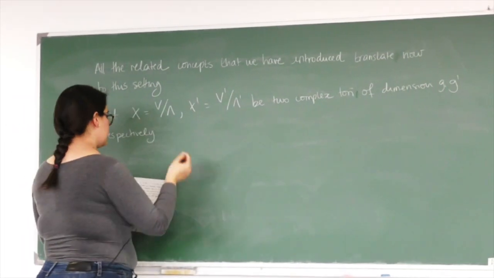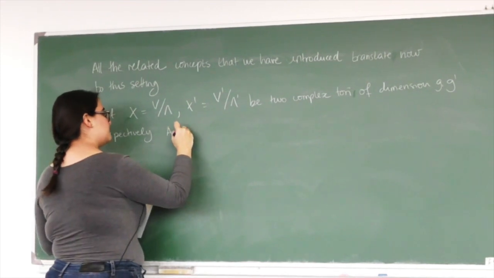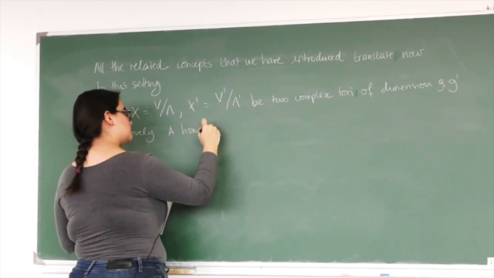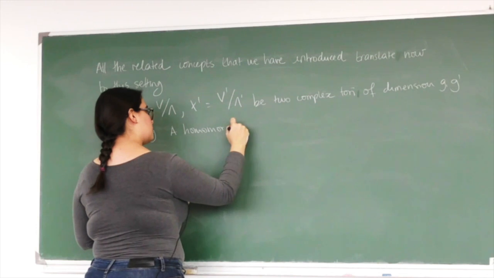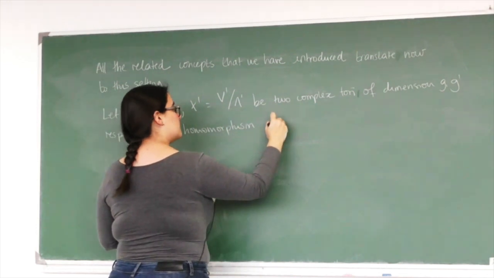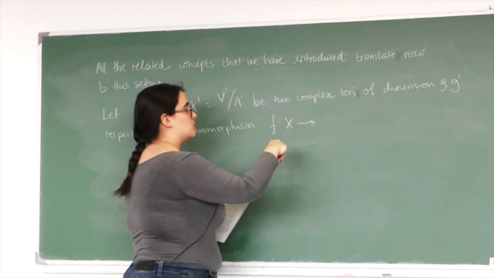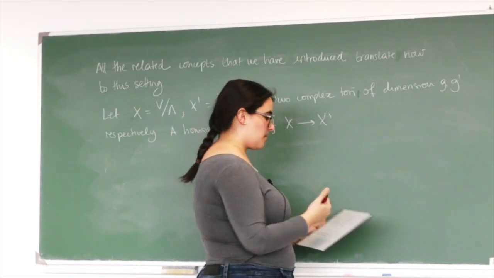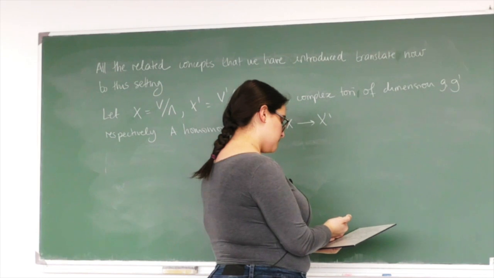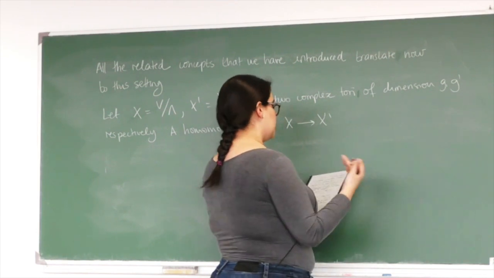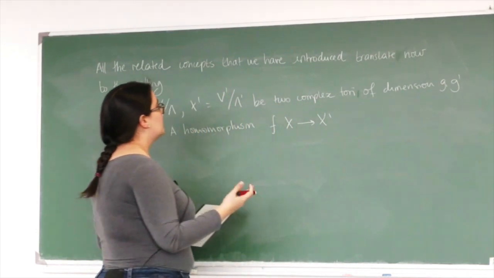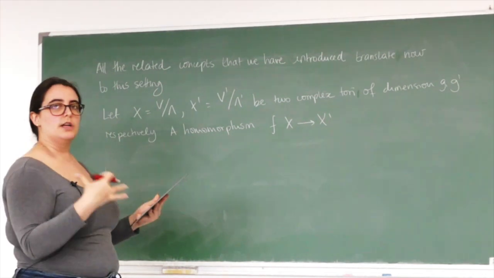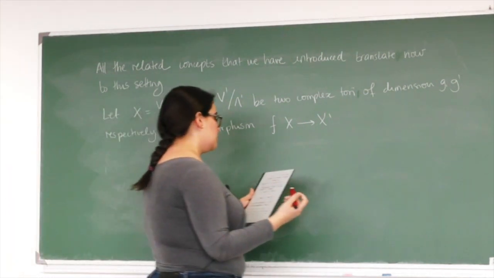So now a homomorphism that goes from one complex torus to the other is again a holomorphic map that goes from one space to the other and respects the group structure.